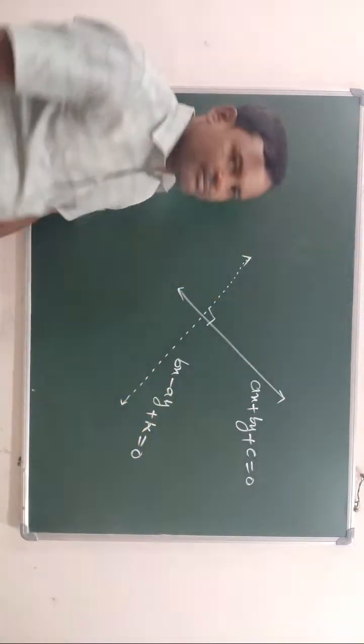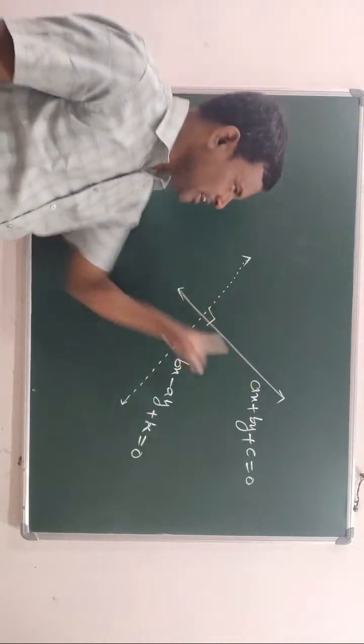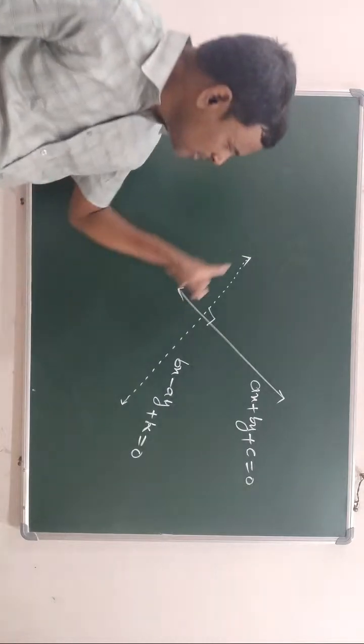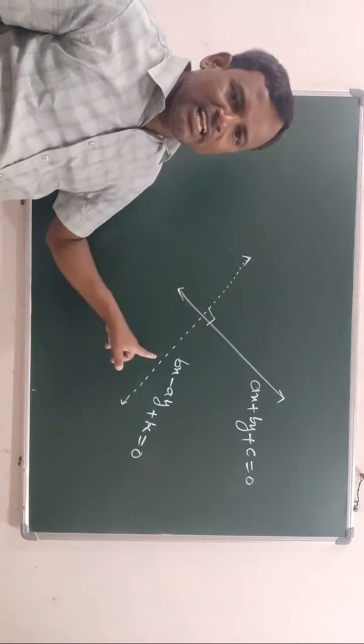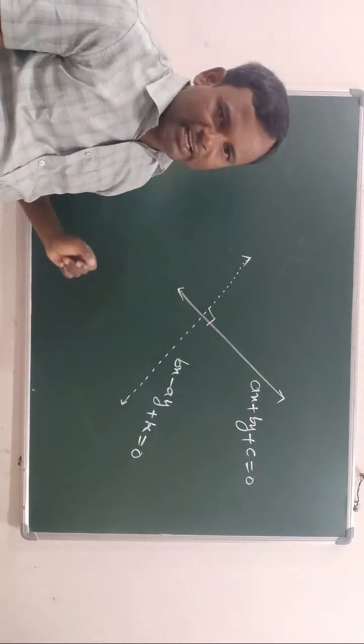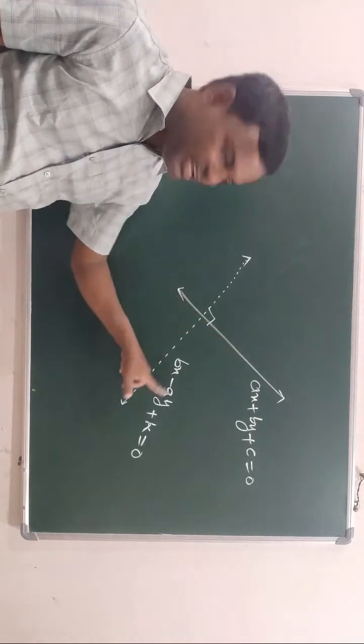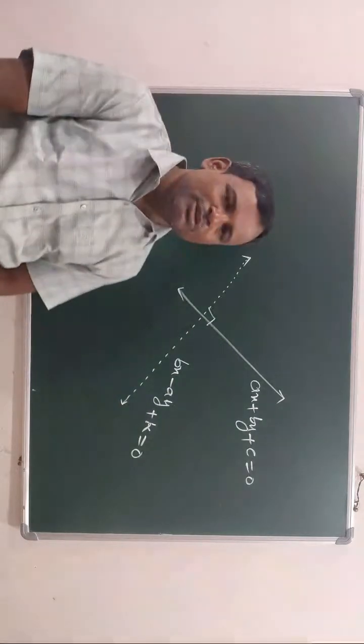Remember this point. This is the given line, ax plus by plus c equal to 0, and this is the line which is perpendicular to the given line. How will it be? bx minus ay plus k equal to 0.